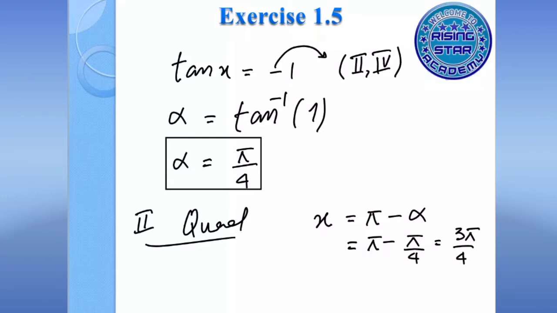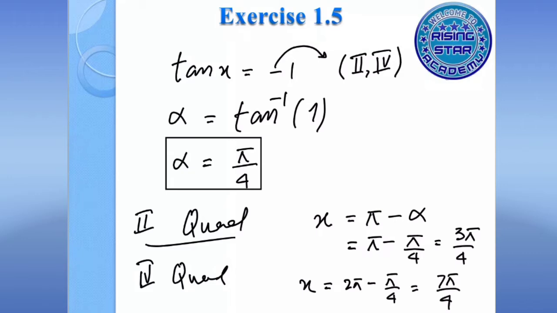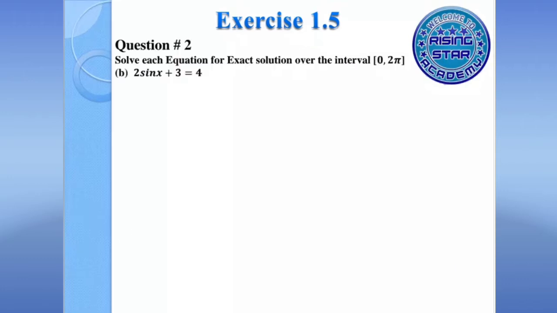And next for the fourth quadrant, that would be x is equals to 2 pi minus pi by 4. So that would become 7 pi by 4. So now these are our two final answers. Move to the next part.